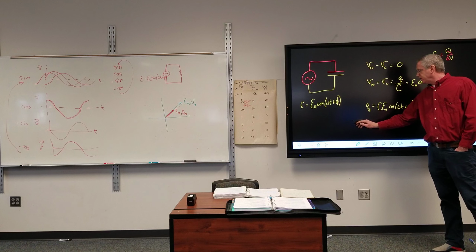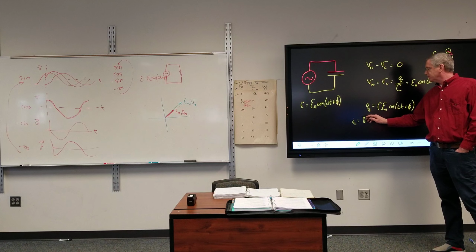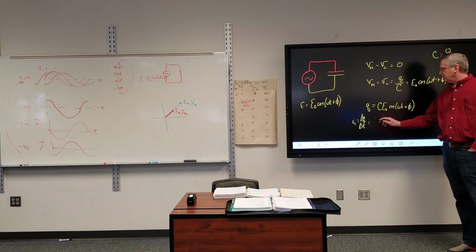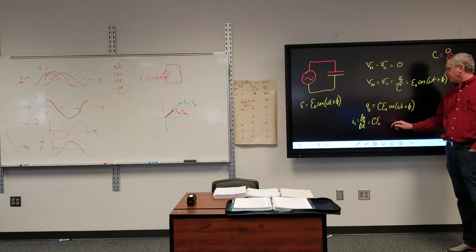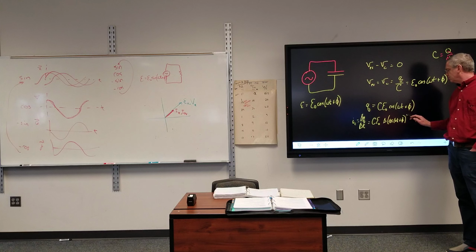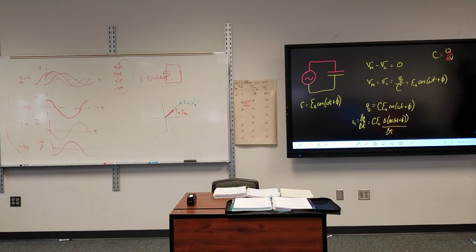I know that my current across the capacitor is equal to the change in Q over the change in time, which, well, these are constants for a problem, equal to the change in the cosine of omega t plus phi over change in time. So first off, what is the change in cosine over the change in time? It's still written over there.